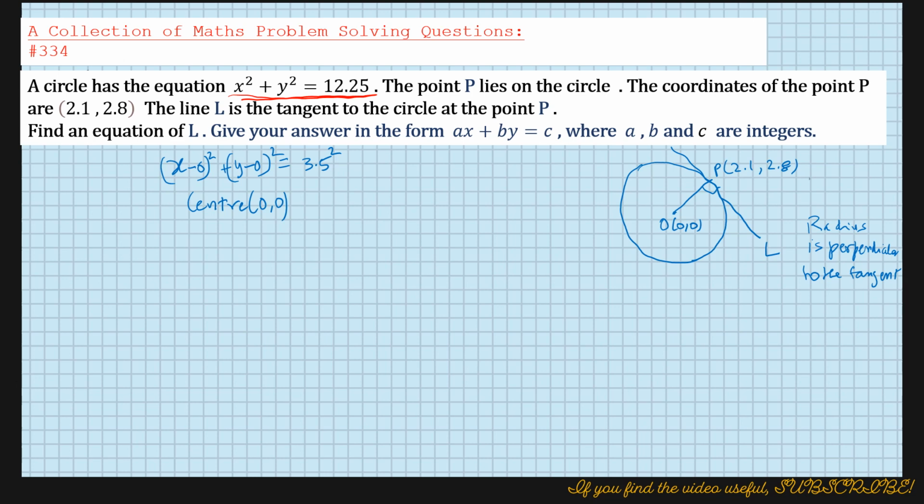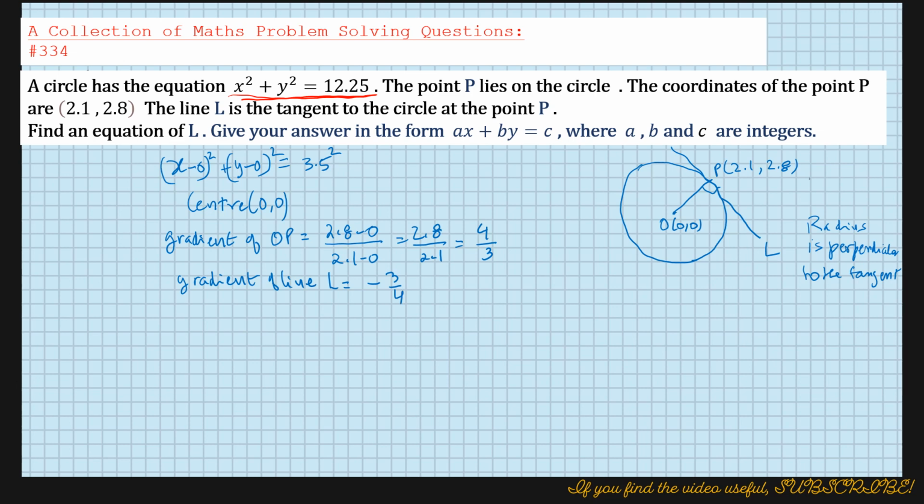The gradient of OP is (2.8 − 0) divided by (2.1 − 0), that is 2.8 divided by 2.1, and dividing by 7 gives 4 divided by 3. So the gradient of line L would be the inverse of this with a minus, so that would be −3/4.